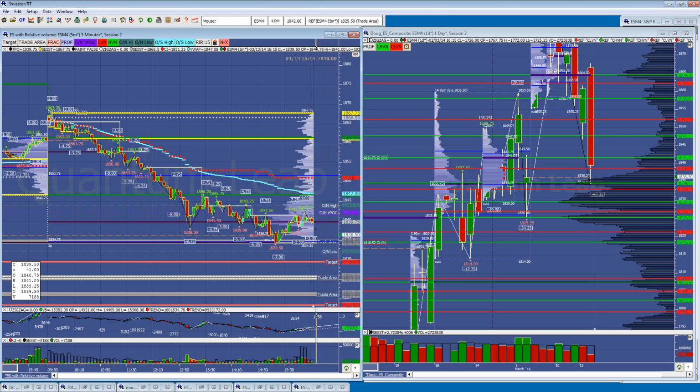So I'm going to use 42 as my target with a secondary target at 44, and the level that I would trade off of here is going to be the range low from Wednesday, and basically where the VWAP was in the RTH session. So that would be not a target, sorry, it is a trade area.